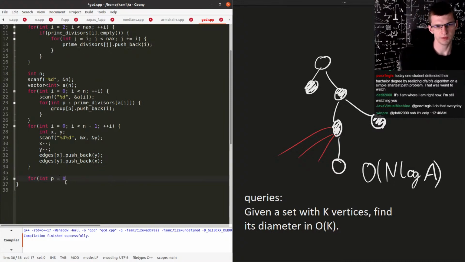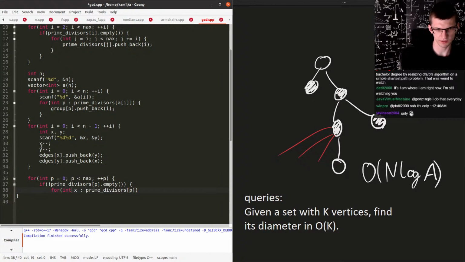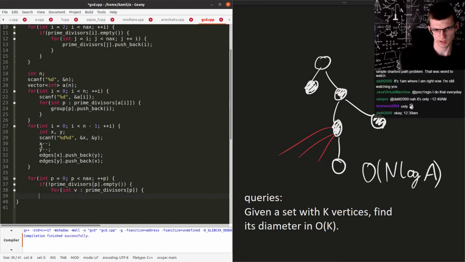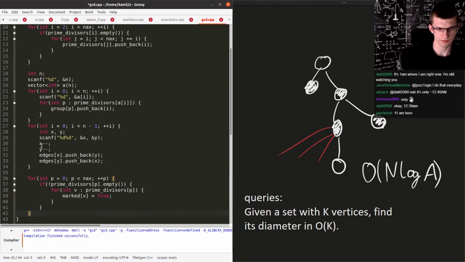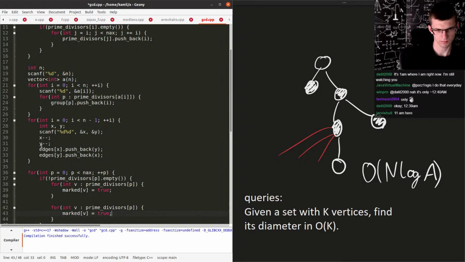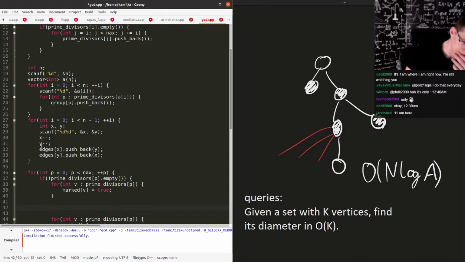Now, for every prime, for all the vertices here, maybe let's mark them. Let's call them V. Say marked V is true. Later we will unmark. And this should be a function.